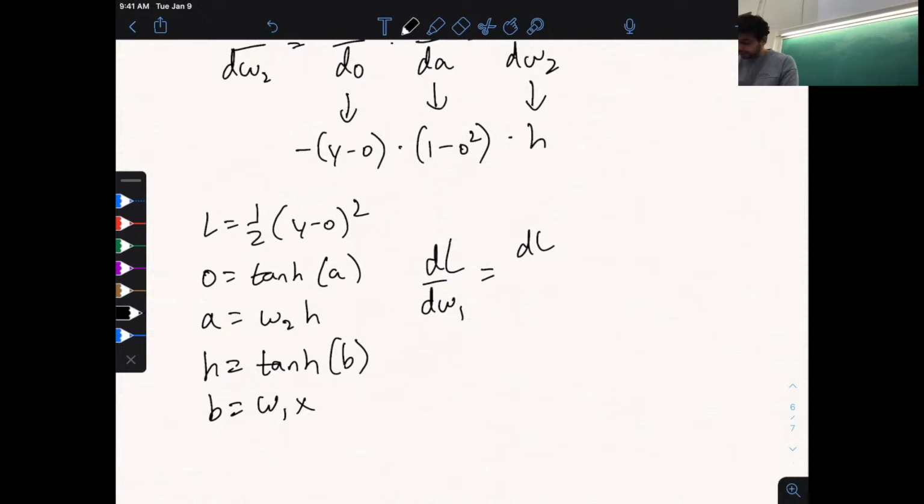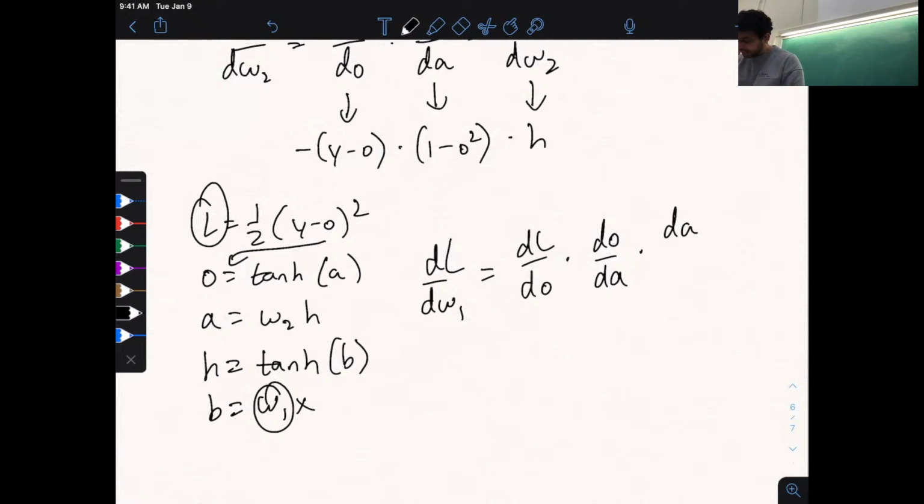We start with dL/dO. So remember, our goal is to get all the way from this L over here to this W1 down here, right? And so we're just going to work our way backward. We see that O equals tanh of A, so we're going to do dO/dA, dA/dH this time. So remember, we're not stopping at W2.